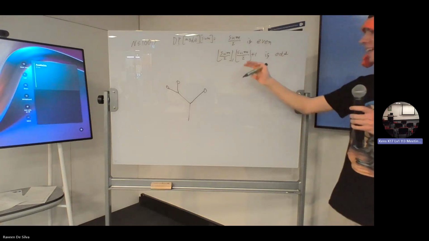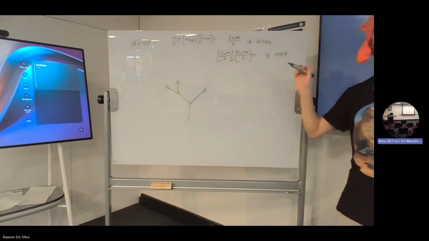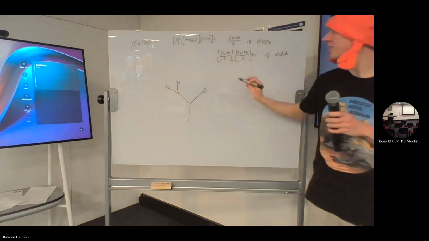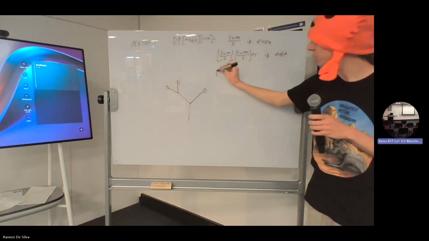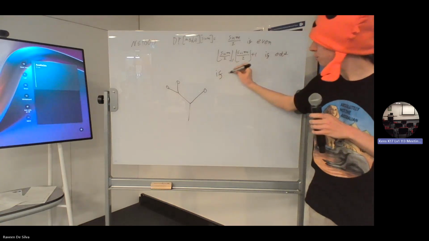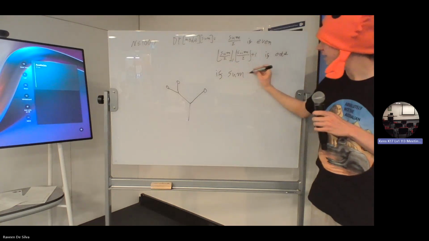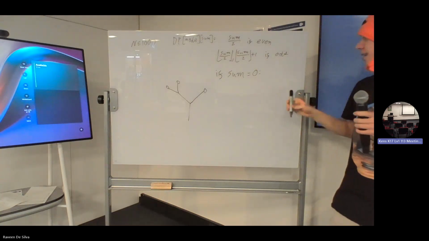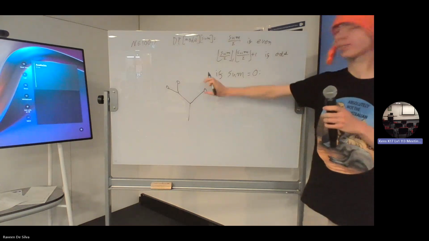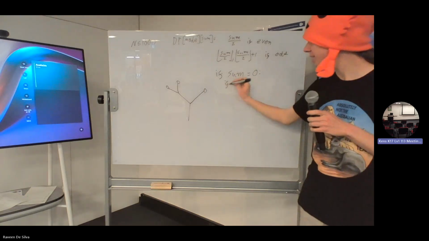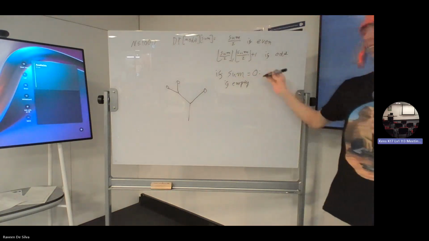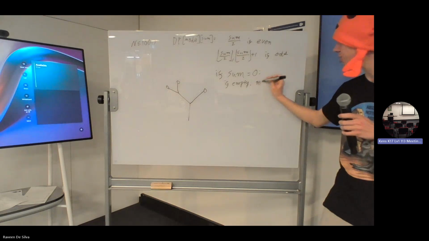If we are at a leaf node, it turns out there are very few cases we need to consider. So if we're at a leaf node, if sum is equal to 0, then if it's empty, well, we don't need to do anything, we return 0.